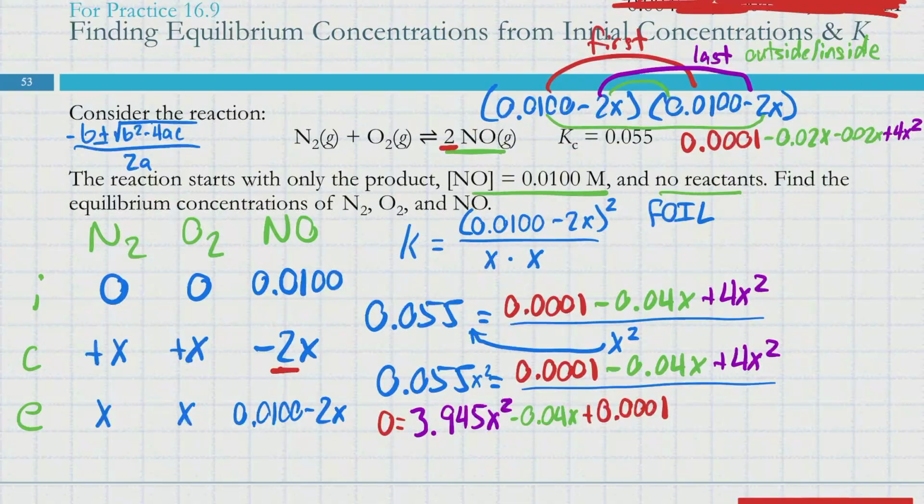So one of our, well, actually I can just write them both. Our B is negative 0.04.